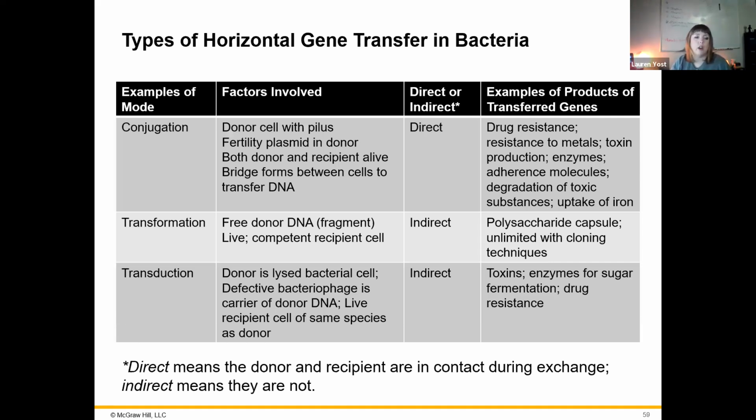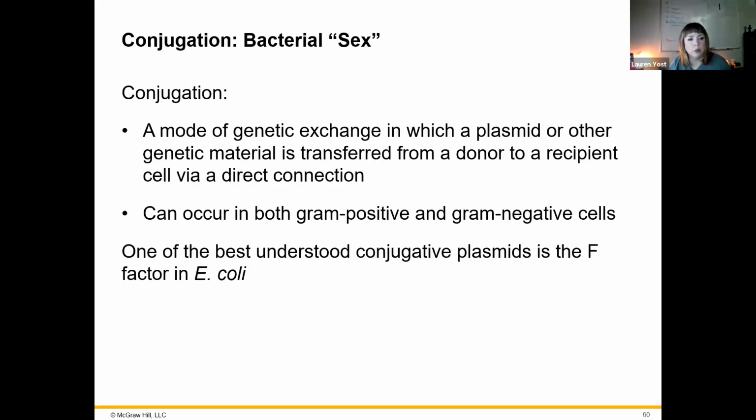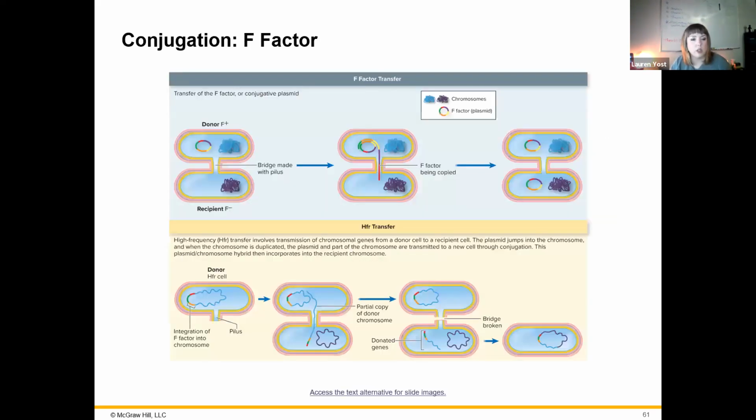Then we also have conjugation, that is just forming a bridge between two cells, which this is going to go over, and that can allow for us to make a copy of a plasmid or a bit of DNA and then pass it into the next cell. So that's what this is depicting here. I don't need you to know about the details of F factor versus HFR transfer.